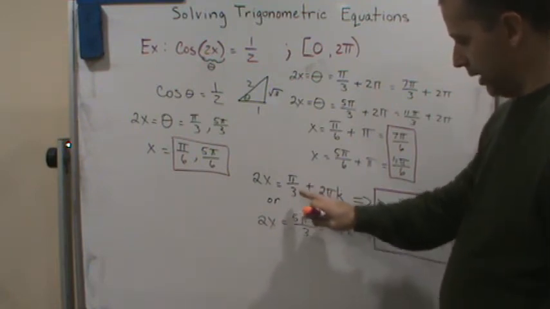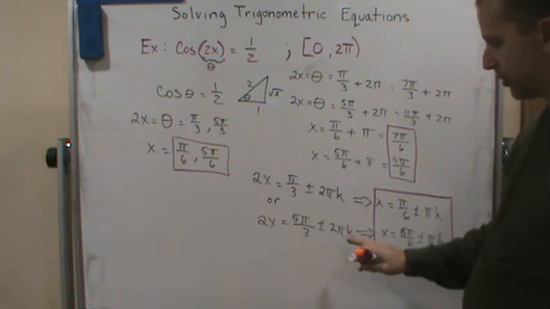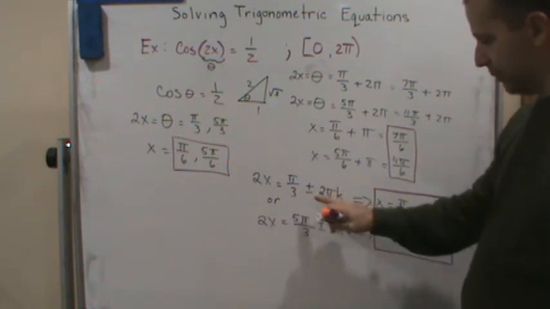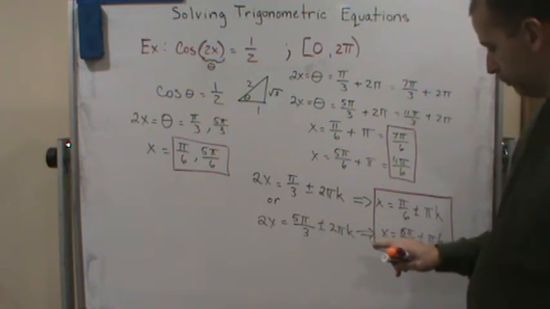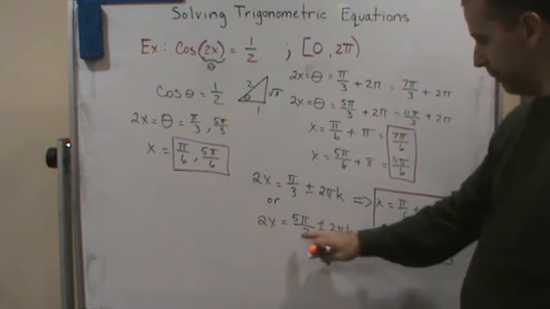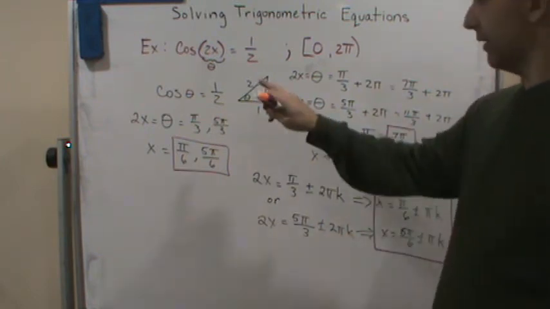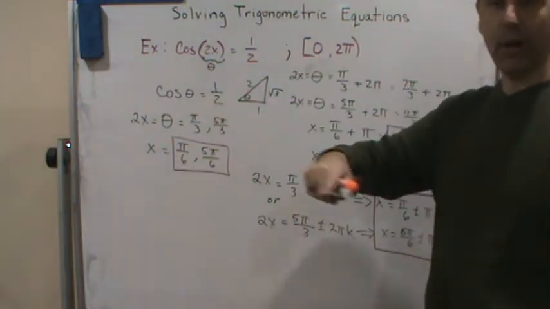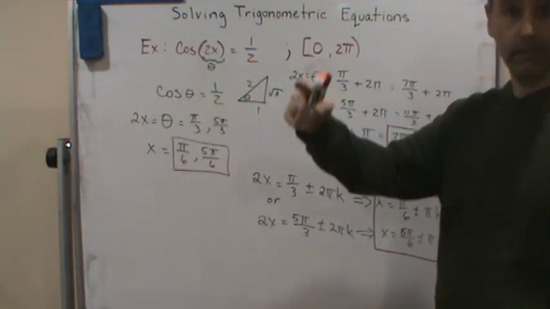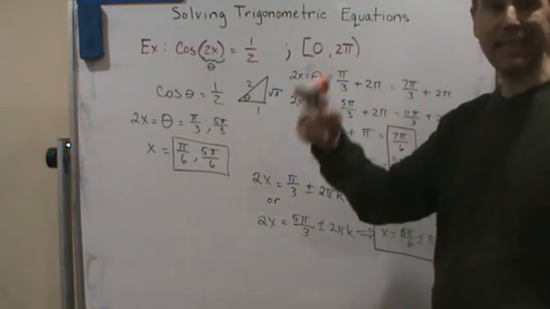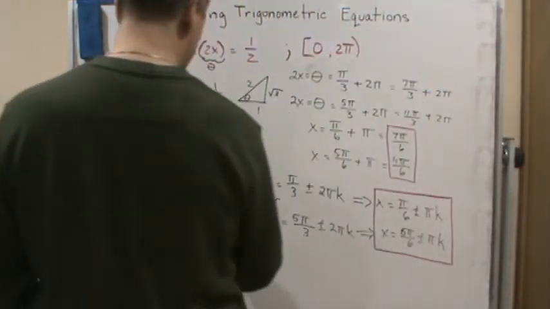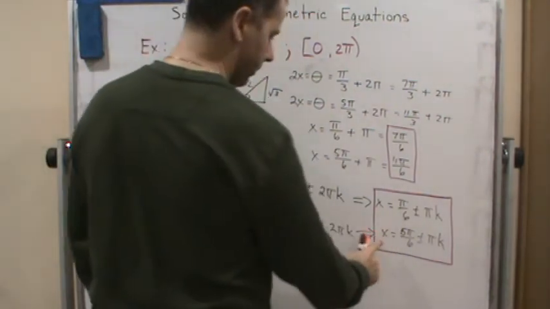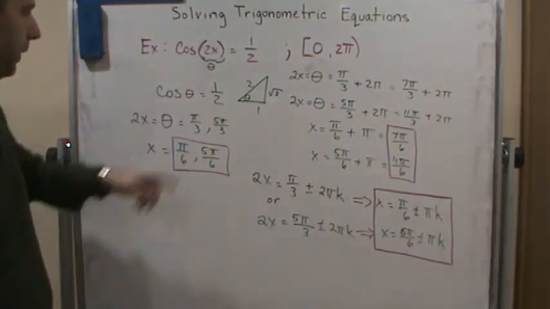If I go around the circle twice, then that's going to give me one more. So the multiple is telling you how many times around the circle you're going, and also how many sets of solutions you're going to end up having. In this case, we have 2 sets of solutions. Why? Because this is 2.